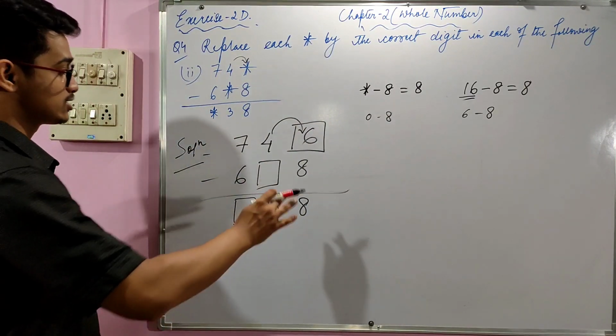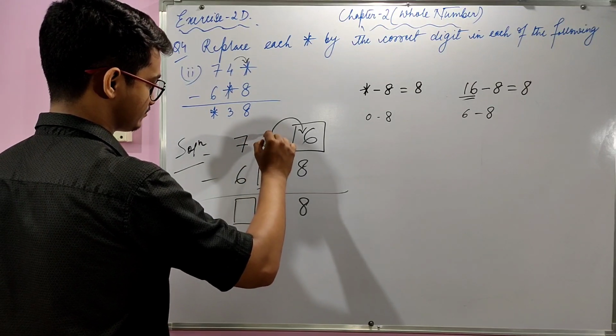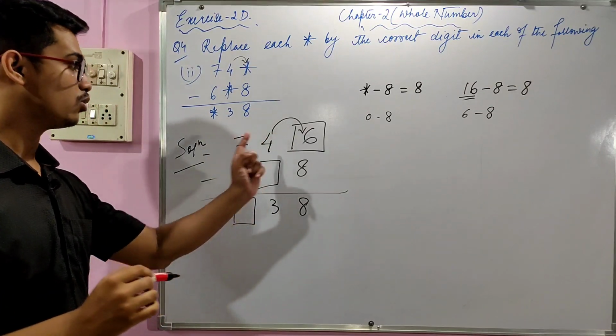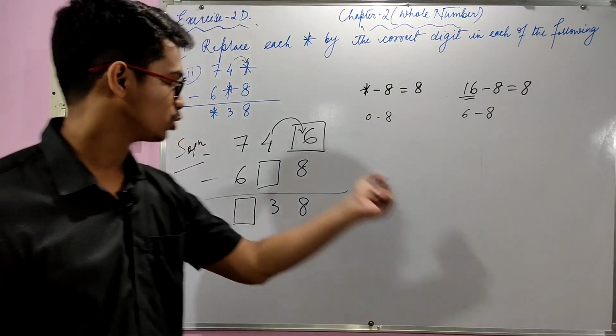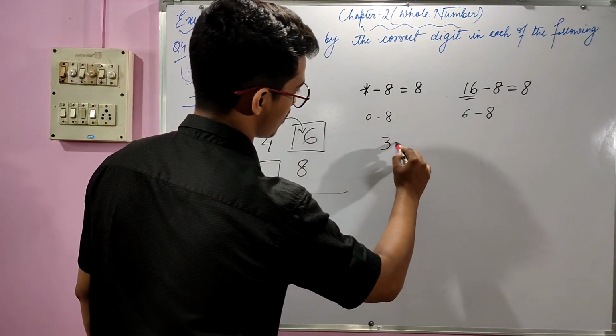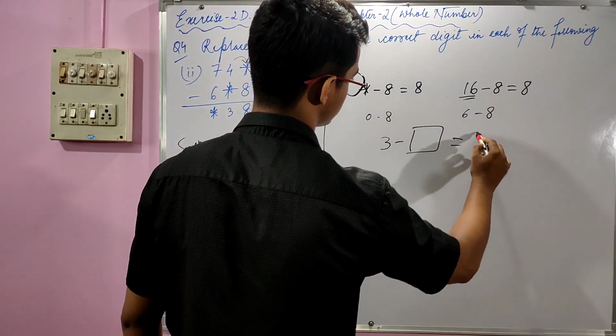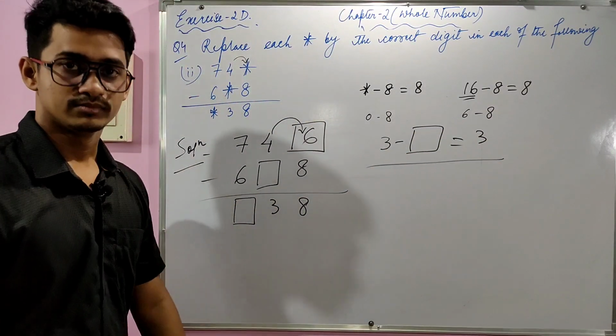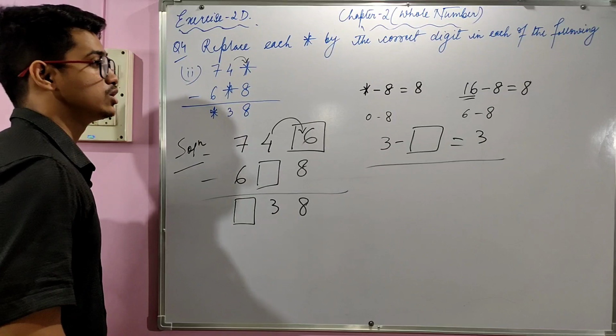We know that. So now here 3 is there, because 1 is shifted towards this side. So here 3 is there, then 3 minus box equal to 3.